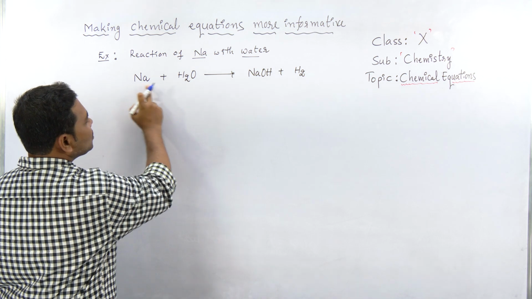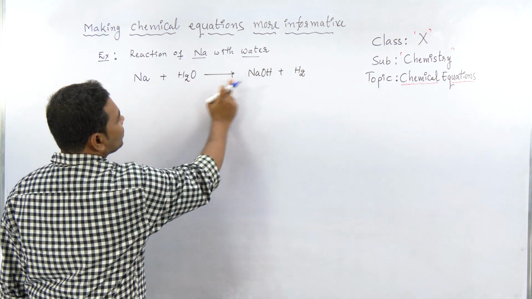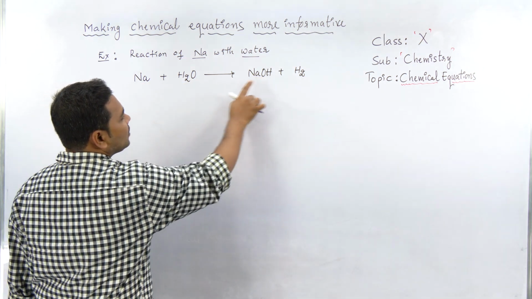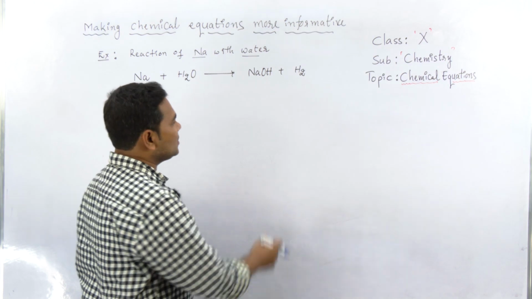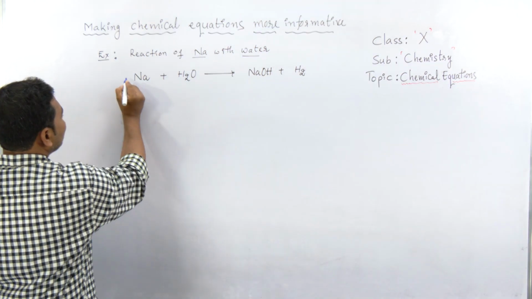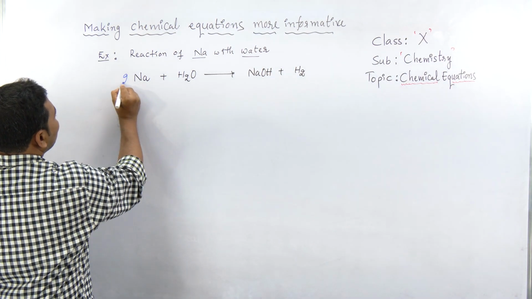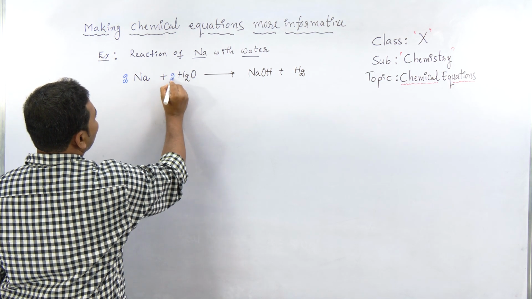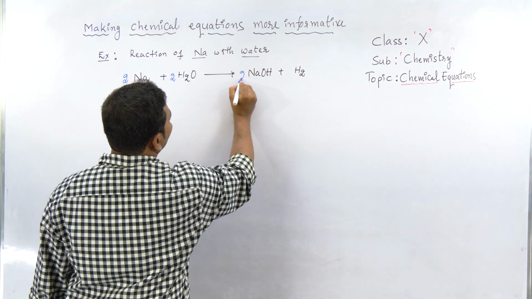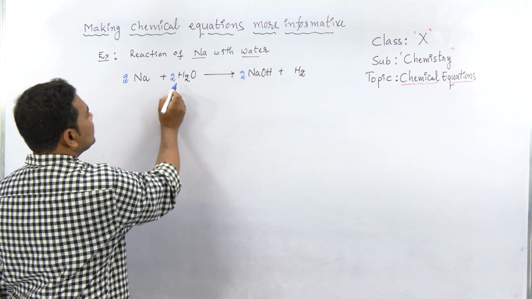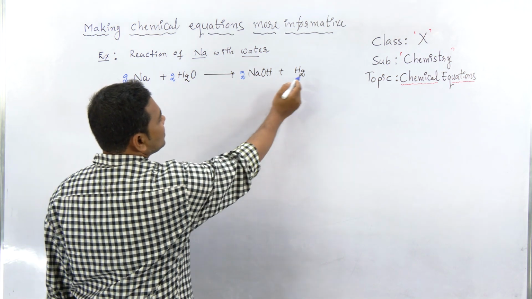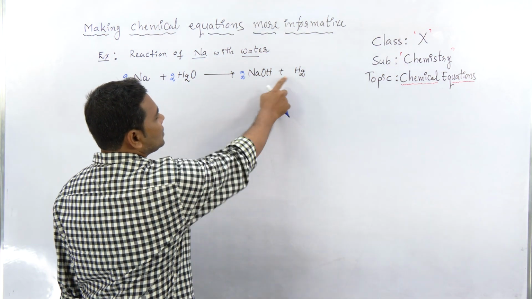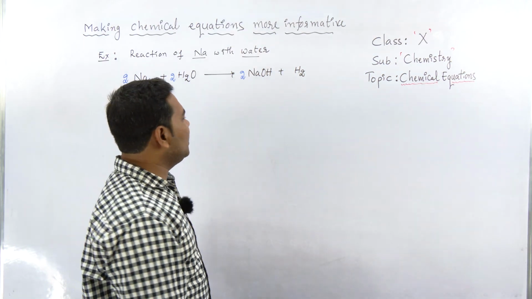So you see 1 sodium, 1 oxygen, but 2 hydrogen atoms and 3 hydrogen atoms: even number, odd number. In that case, I double: 2 water molecules, 2 sodium hydroxide. And now 2 twos are 4 hydrogens, and 2 twos are 4 hydrogens here. It is a balanced chemical equation.